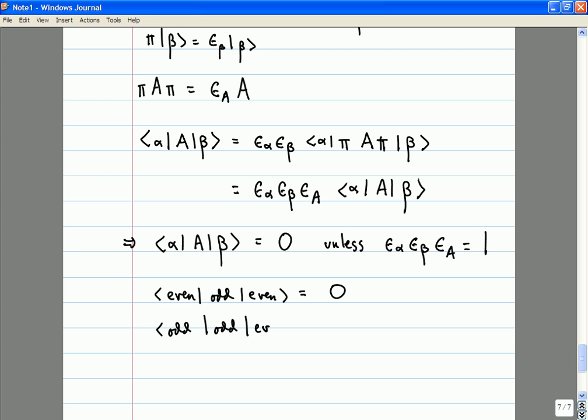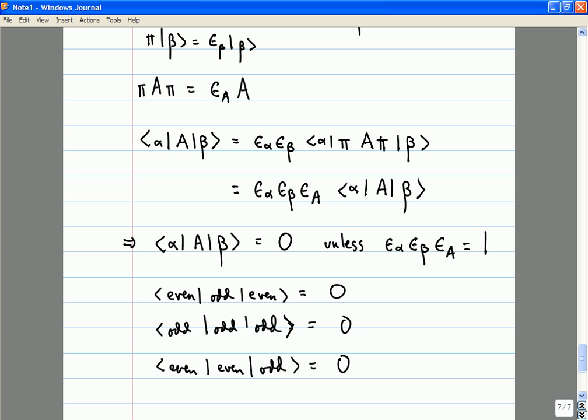And the matrix element of an even operator between even and, I'm sorry, that's not true. The matrix element of an odd operator between two parity odd states is equal to 0. And the matrix element of an even operator between an even and an odd state is equal to 0.